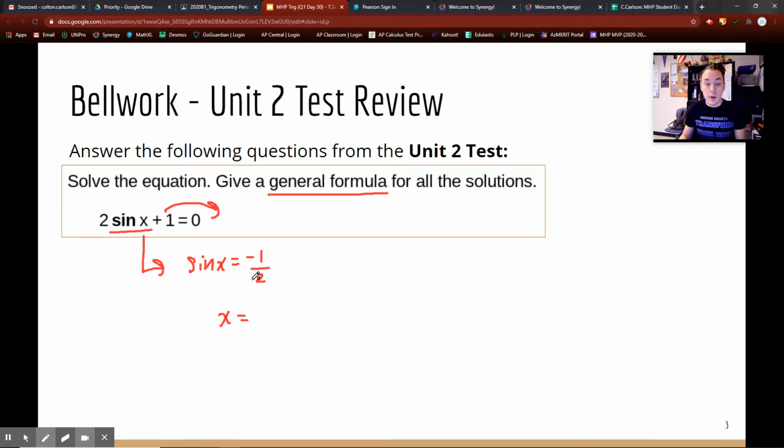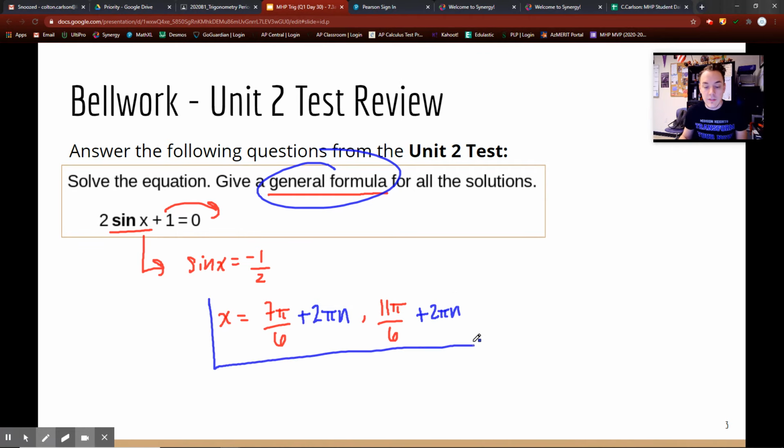There should be 2 spots: the first spot is 7 pi over 6, and the second spot is 11 pi over 6. Now remember, because they want the general formula, I do need to add this plus 2 pi n. And that is my final answer.